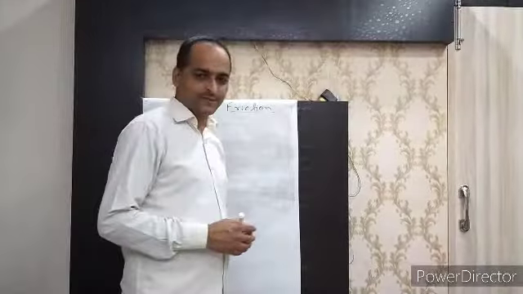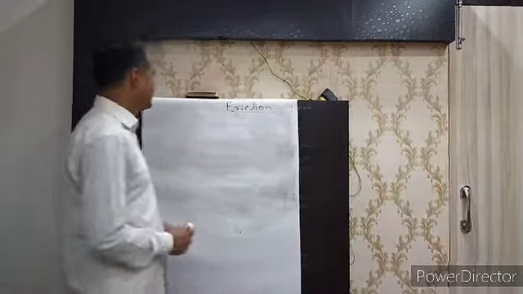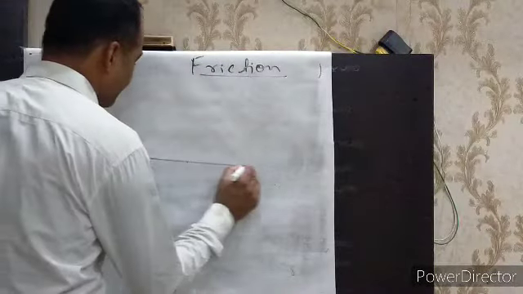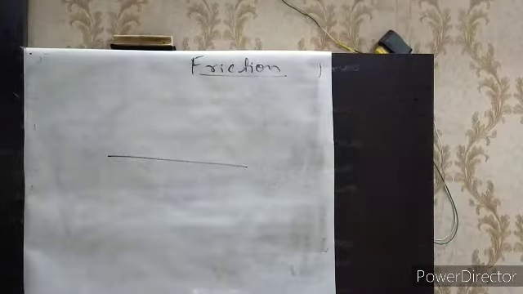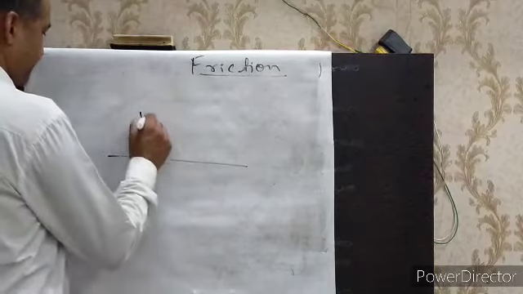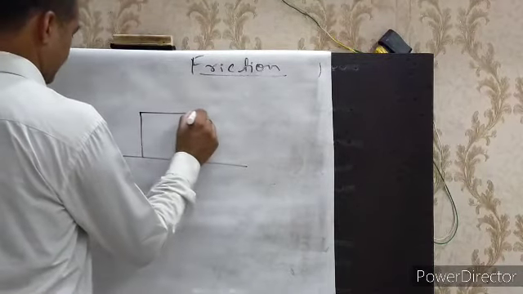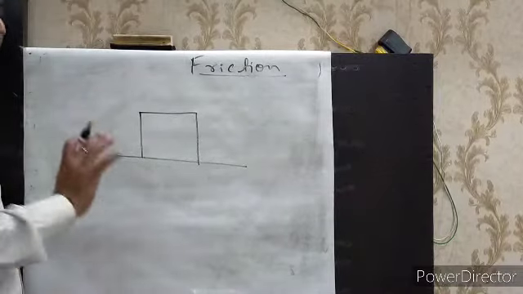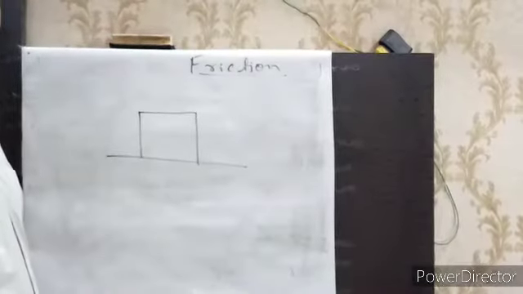To explain this, I am using a diagram. You focus upon this diagram. Suppose this is a surface and this is an object. Now there are two forces acting on the object.